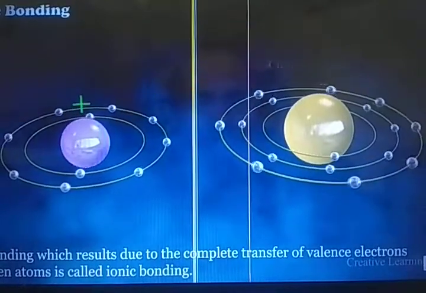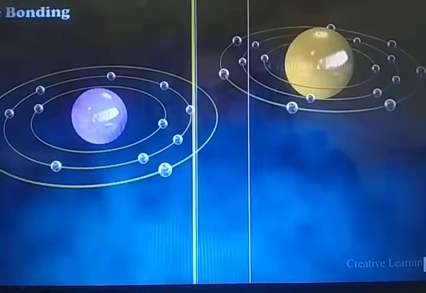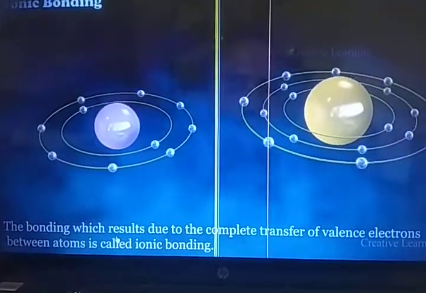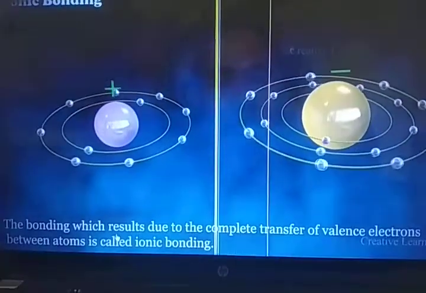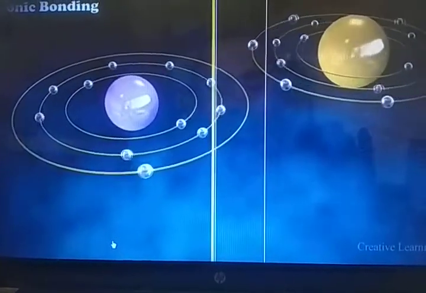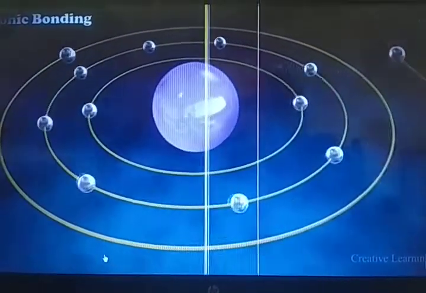In this type of chemical bond there are oppositely charged ions. One is positively charged and the other is negatively charged.